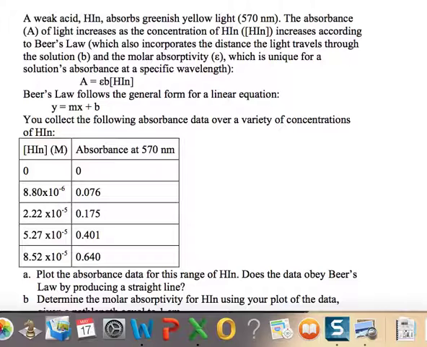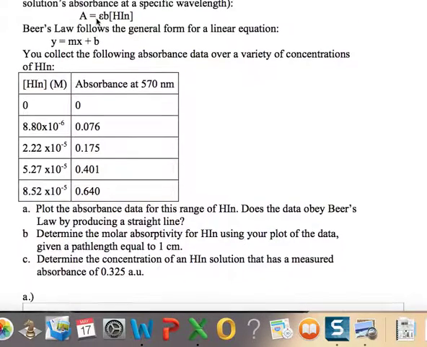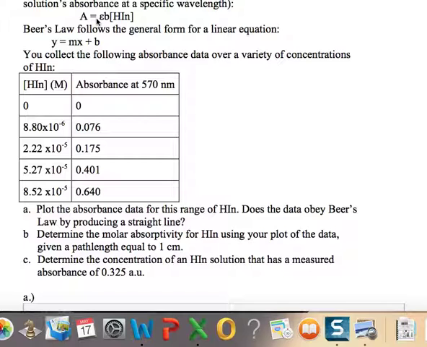If you collect the following absorbance data over a variety of concentrations for HIN, we have several questions to think about. First, we want to plot this data in this range and see if it obeys Beer's law. That means, does it produce a straight line when we plot it?